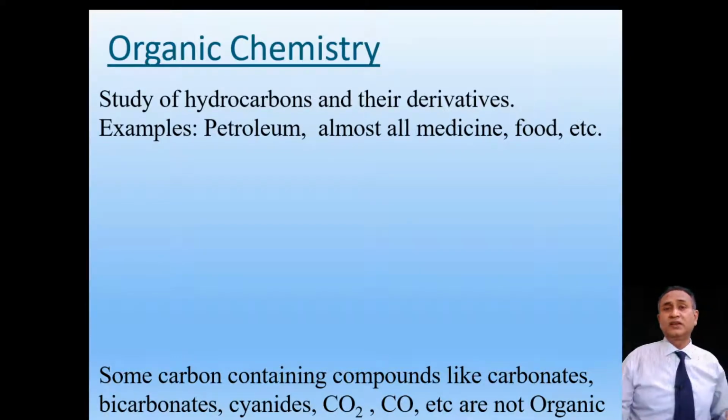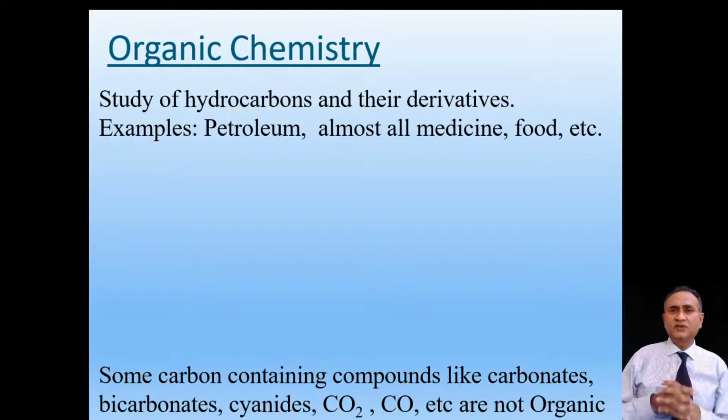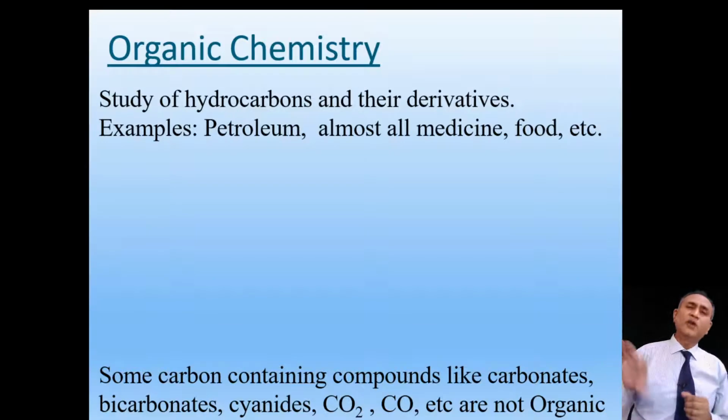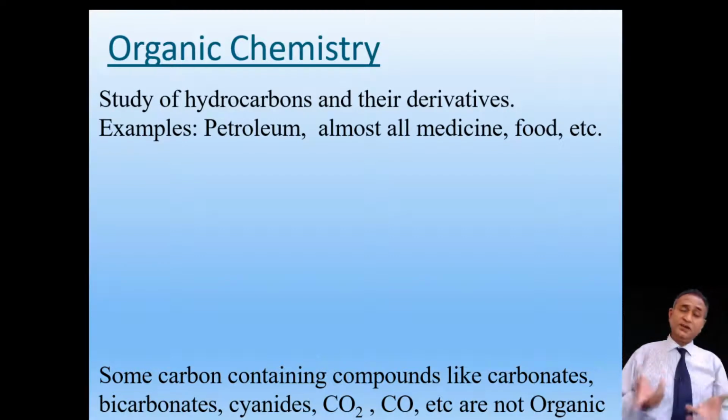of the first one. So all hydrocarbons, as you will see afterwards, are included in organic chemistry, and all those compounds which are derivatives of hydrocarbons are also included under the umbrella of organic chemistry. So what is the complete definition of organic chemistry?